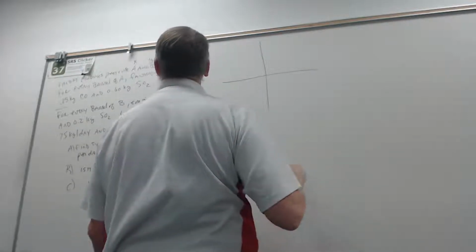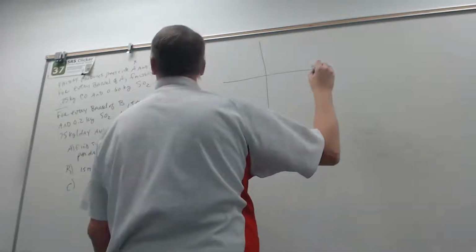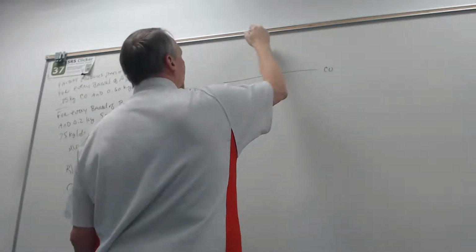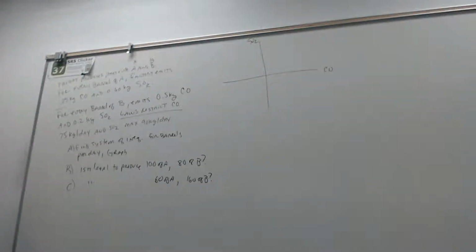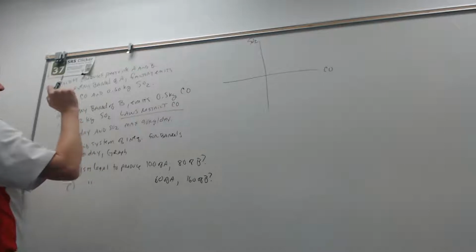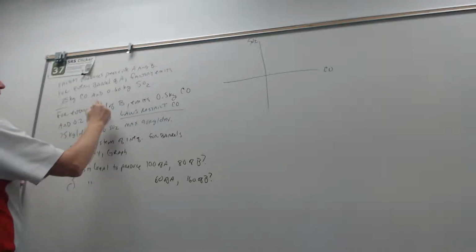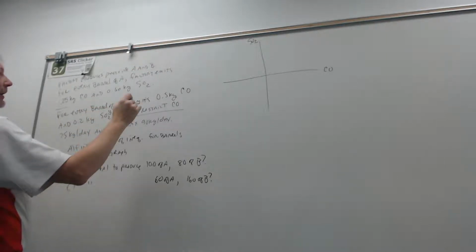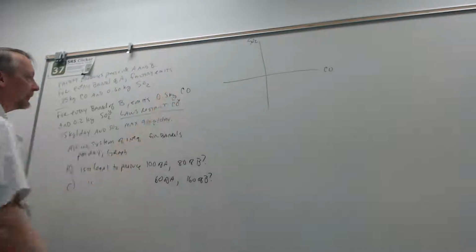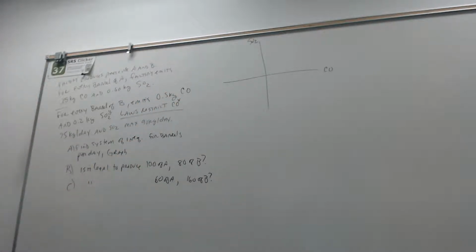That's not the same. So you want this to be carbon dioxide and this sulfur dioxide, or carbon monoxide and sulfur dioxide? Okay, let's redo this because they're going to be a mix. So this is Y and this is X.